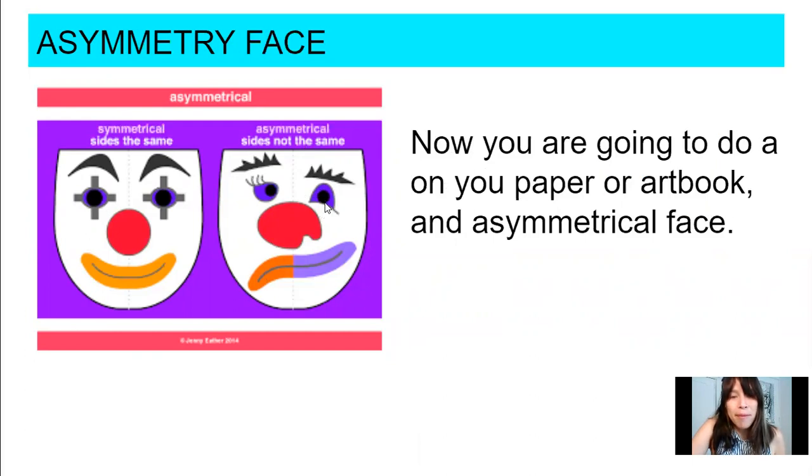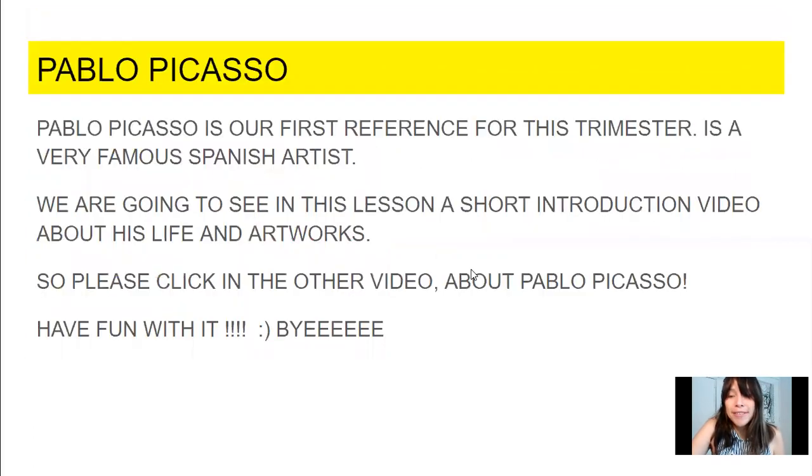So one eye can be not at the same level, the eyebrow has to be maybe bigger, the nose can be different in the other side, and as well the mouth. So take your time to do this exercise.